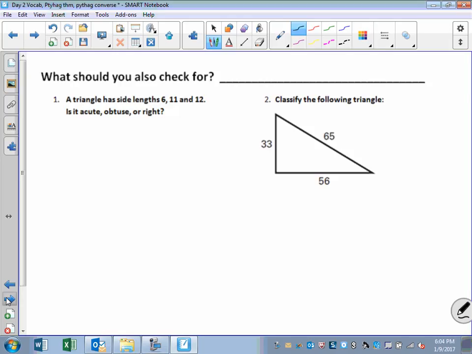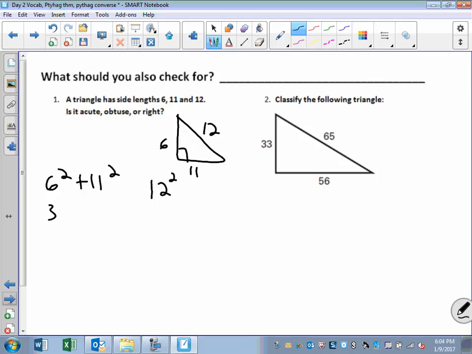So for number one, they don't draw a diagram. We can draw one. You can do 6, 11, and 12. Okay. So we have 6 squared plus 11 squared, and then we have 12 squared. Now I'm not going to put the equal sign because we don't know if they're equal. We got to add them up to see.